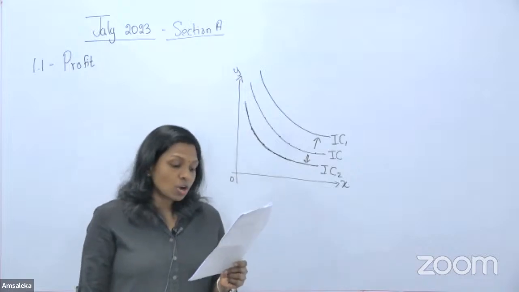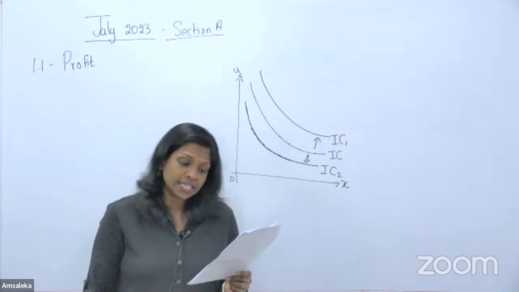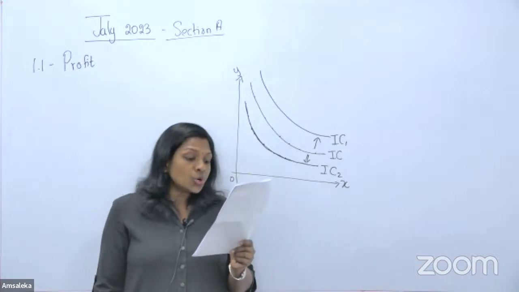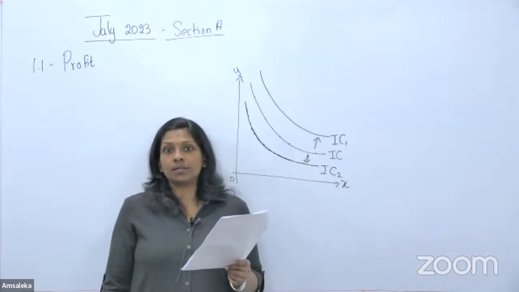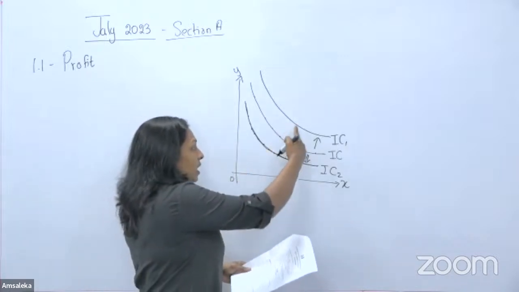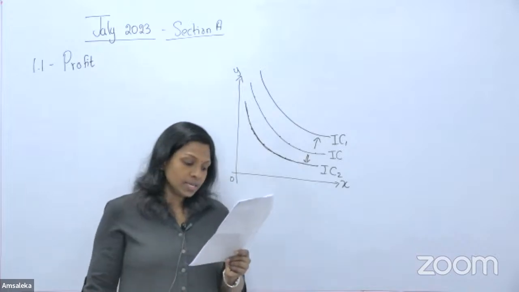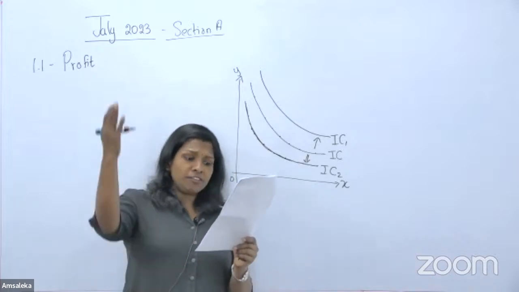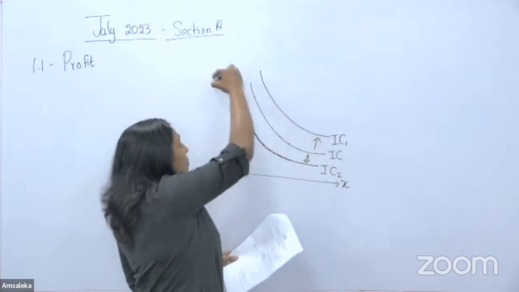Accordingly, which one of the following statements is correct regarding the indifference curve? Two indifference curves intersect with each other. Did I draw them intersecting each other? No. So that answer is wrong. Number one, it slopes upward from right to left? No. It slopes downward from left to right.